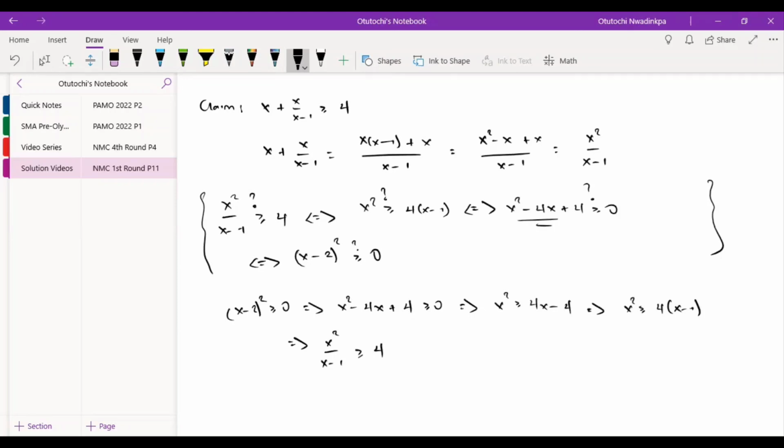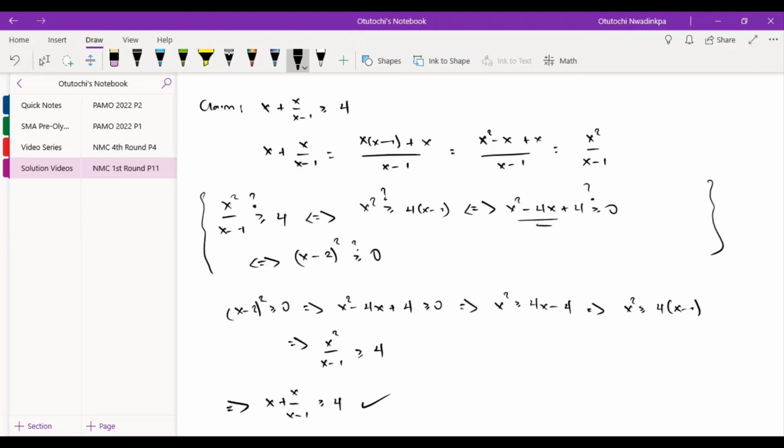Now, this has proved our claim, because our claim says x plus x over x minus 1 is greater than or equal to 4.